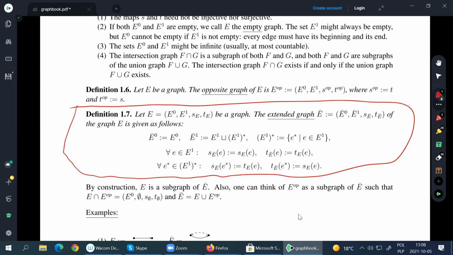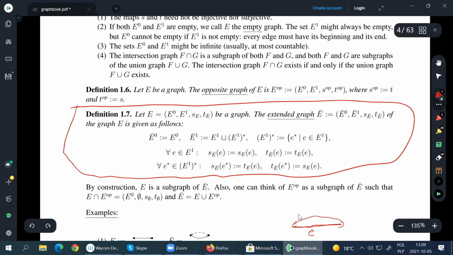When you take e star from E1 star, the source of e star is defined as the target of e, and the target of e star is defined as the source of e. So graphically speaking, if this is our e, then this is our e star. The source of e is the target of e star, and the target of e is the source of e star. When you combine it together, you have a so-called extended graph.